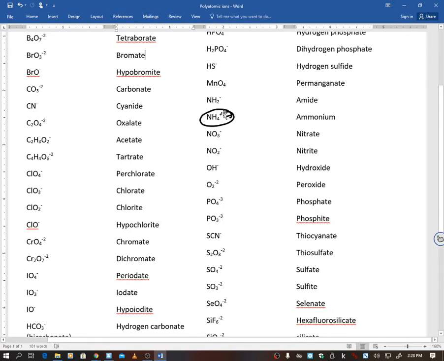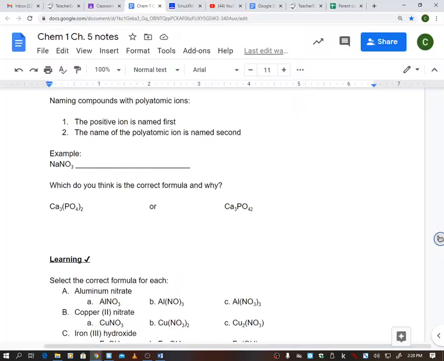But for the most part, they are negative. So we're going to name the positive ion first, and then the polyatomic ion second, because that's what happens in most cases other than ammonium, which is one of our few positive ones.